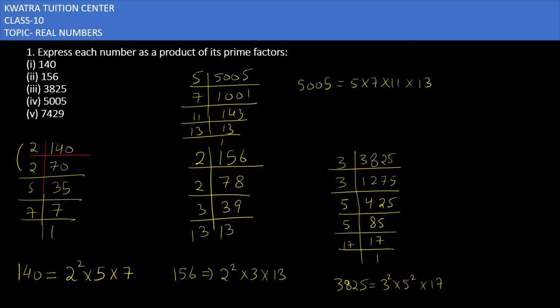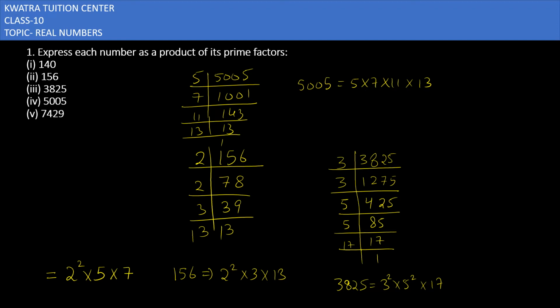Now the next number, which is 7429. So now 7429 will be divisible with 17 first of all.